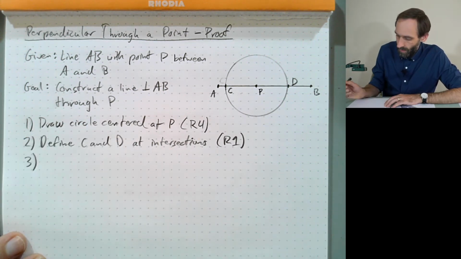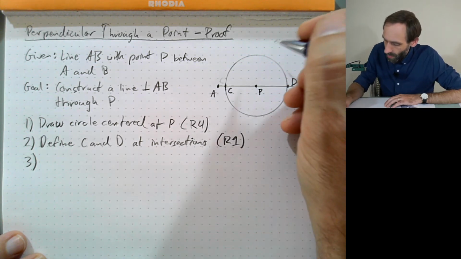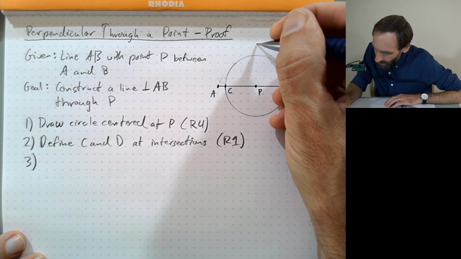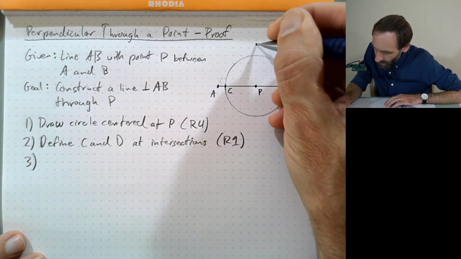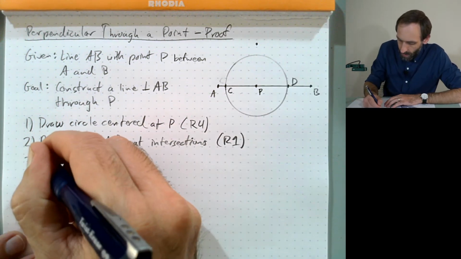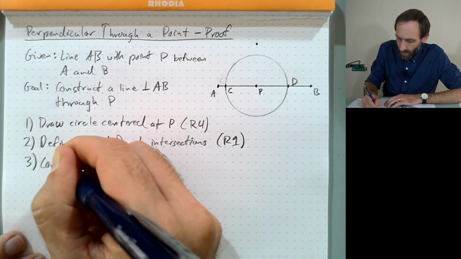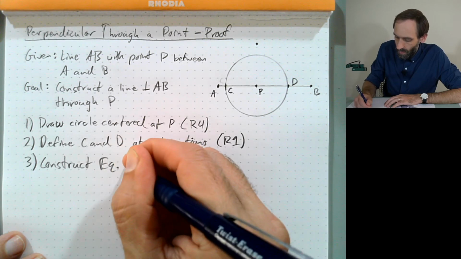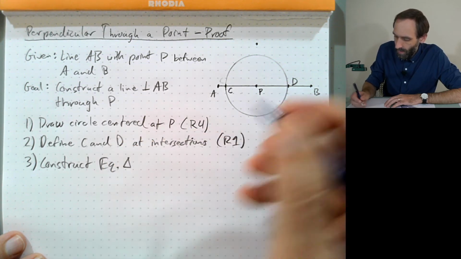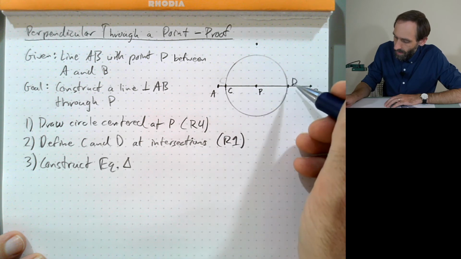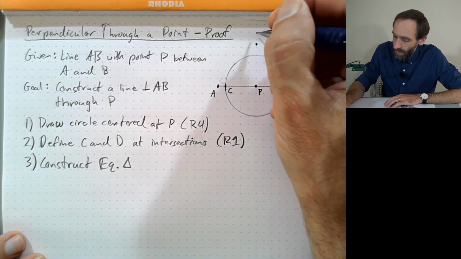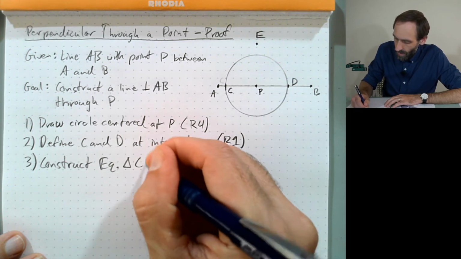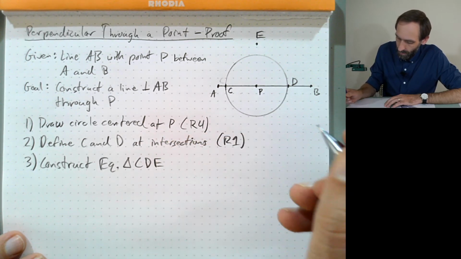Step number 3, now we want to draw an equilateral triangle on CD. I'm not going to construct it, I'll just eyeball it here. So I'm going to construct an equilateral triangle, and this will be point E. So triangle CDE.